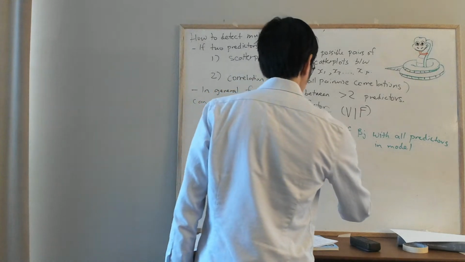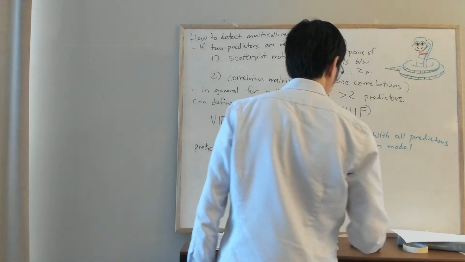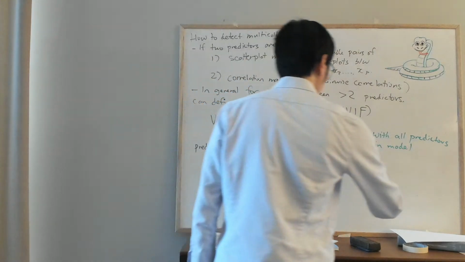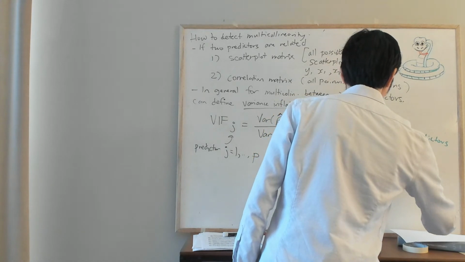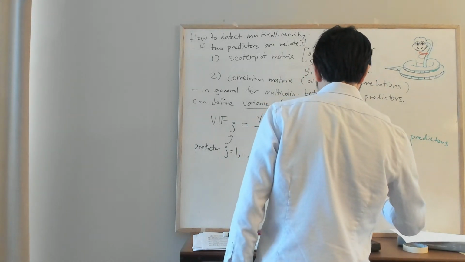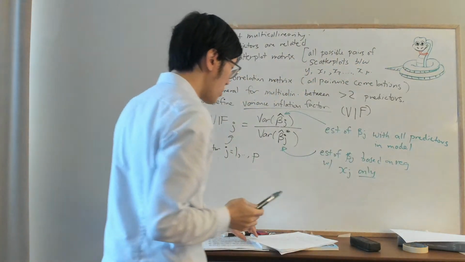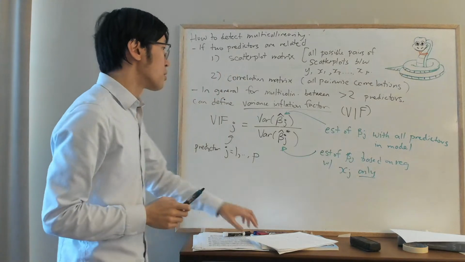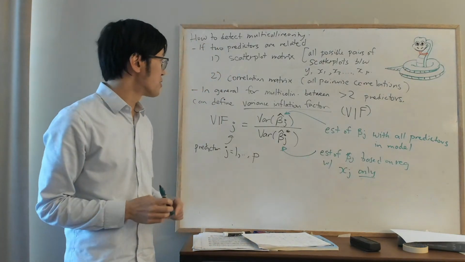So this is the estimate of beta j based on regression with xj only. That's what's called the variance inflation factor.